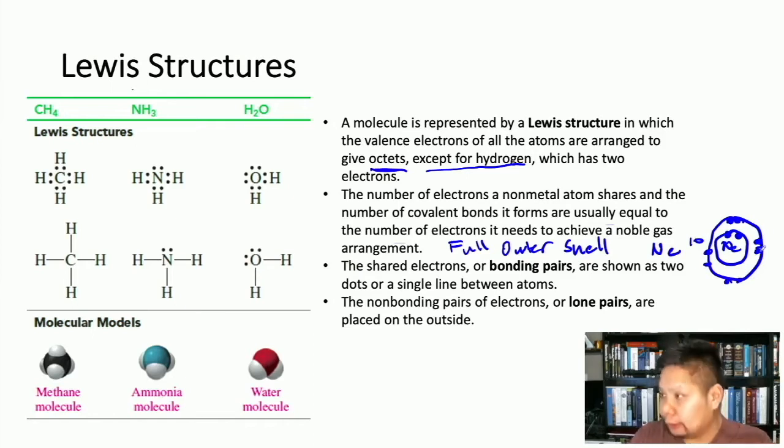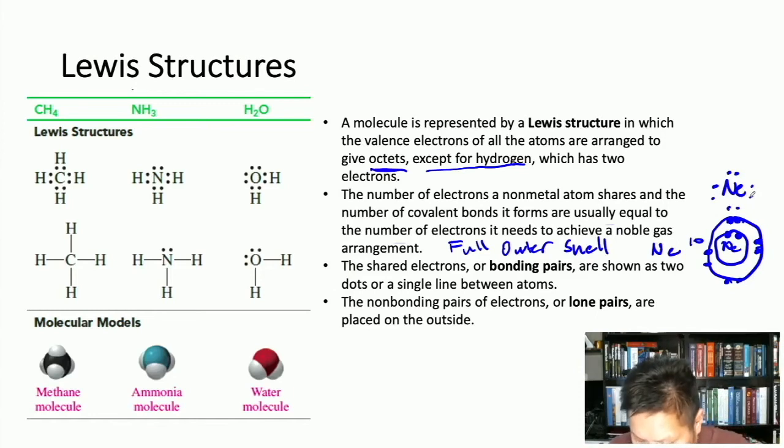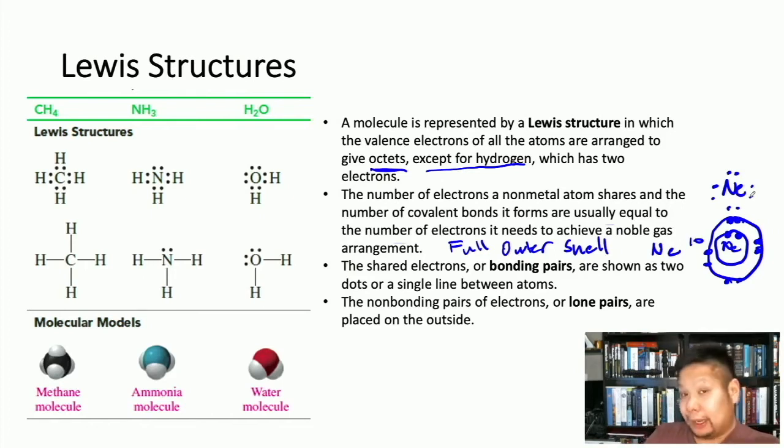So if you wanted to draw the Lewis structure of neon just by itself, you wouldn't have to draw any other atoms combining with it, because it has already achieved noble gas arrangement, because it has a full outer electron shell. So other atoms though have to combine with other elements, so that they can make compounds, so they can achieve the same thing that neon has just by its existence, right?